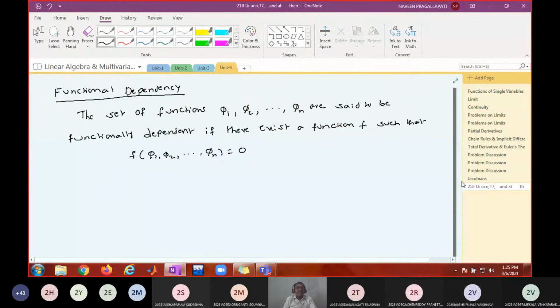Okay, so if there is a function connecting all these given n functions, that means if these n functions are related somehow, then they are said to be functionally dependent.